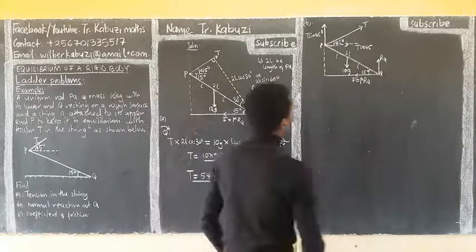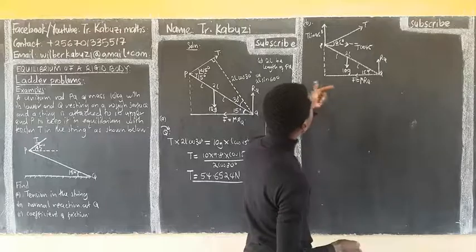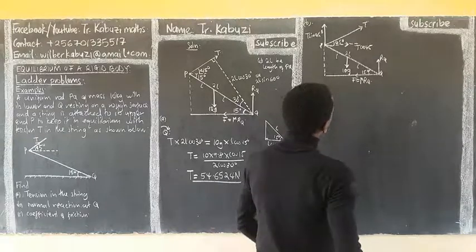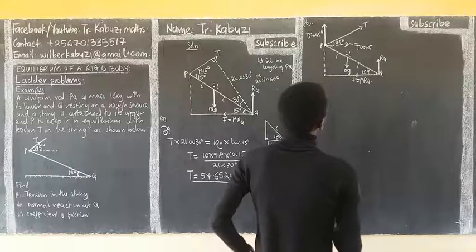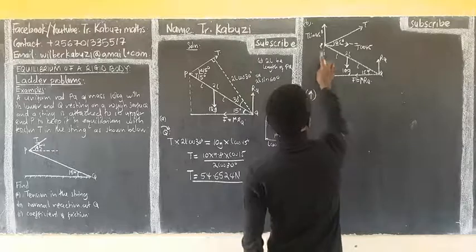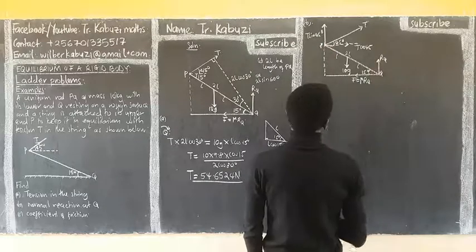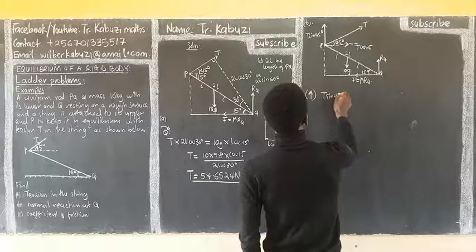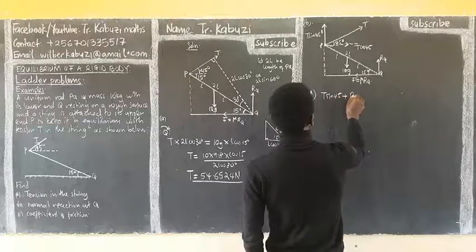So what happens after? We can start by resolving horizontally or vertically, any. Resolving vertically, you see that we have this force and that force going up. So we have T sine 45 plus R cube.